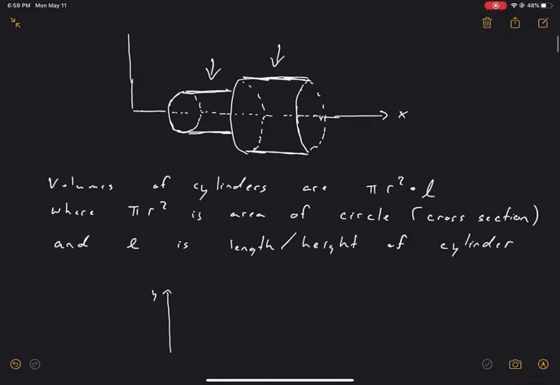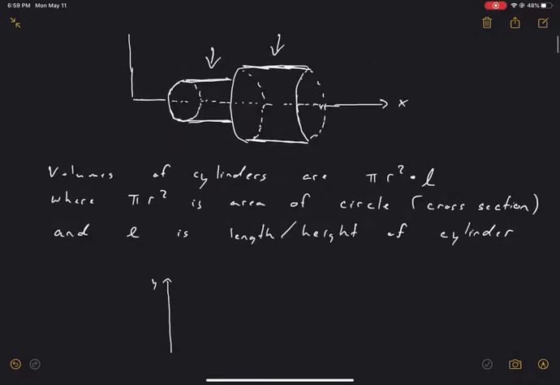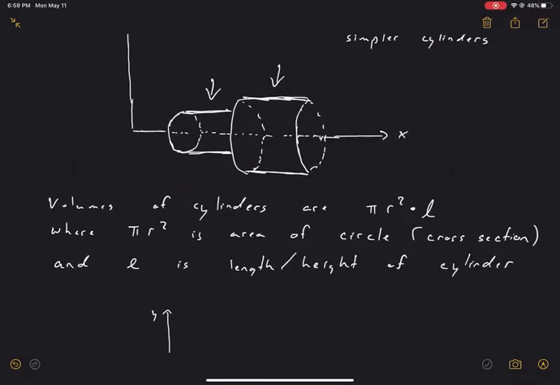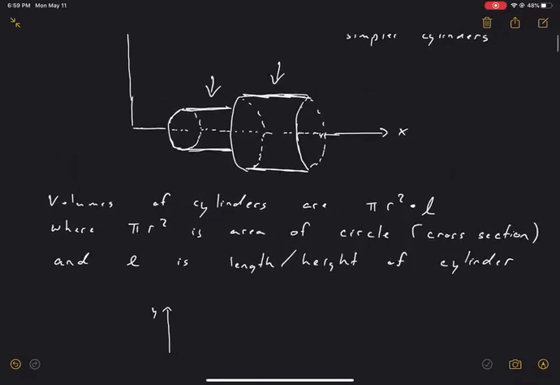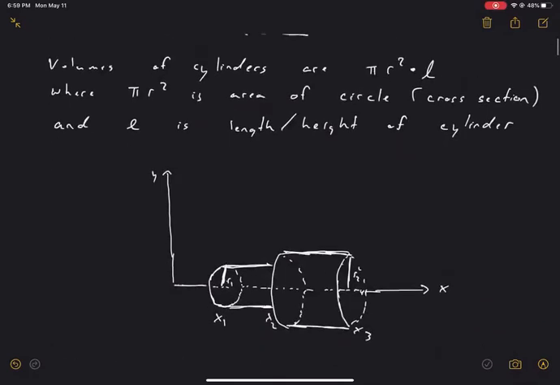Then I multiply that by the length of the cylinder if it's lying horizontally, or we could also say that the letter L is the height of a cylinder if it's a vertical cylinder. So the volume of each individual cylinder should be pi r squared times L.